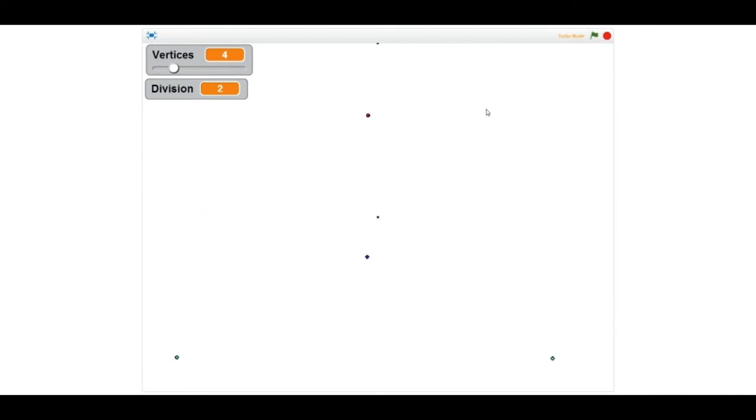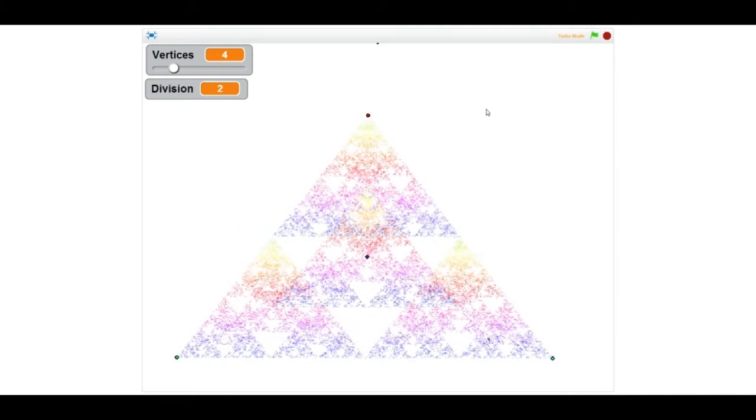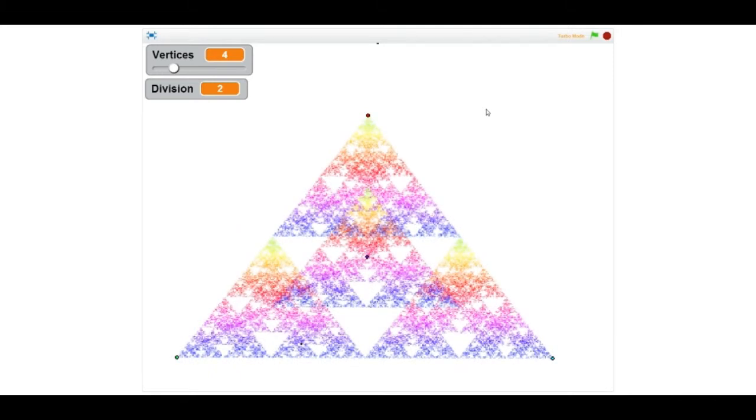At this point, I decided to ask what would happen if I had 4 vertices. This program I have currently that I made can go up to 8 vertices, but right now we're just going to look at 4. So if we look at 4 vertices, you see that a very interesting shape starts to appear.